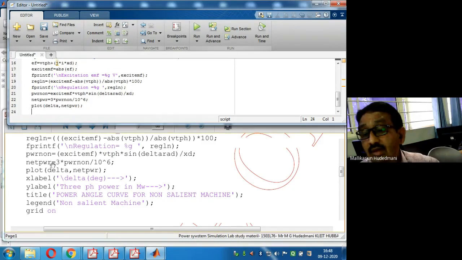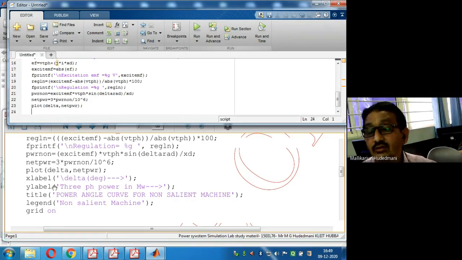Then I am using delta as, what is this delta actually? This delta is delta in degree. If I wanted to make a delta in radian, what I should use here? Delta rad, comma, net power I should use. So I am using delta in degree and net power just to show me 0 to 180 degree computation.